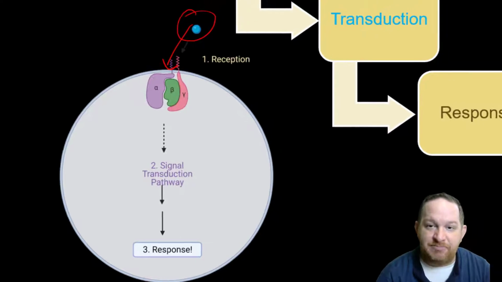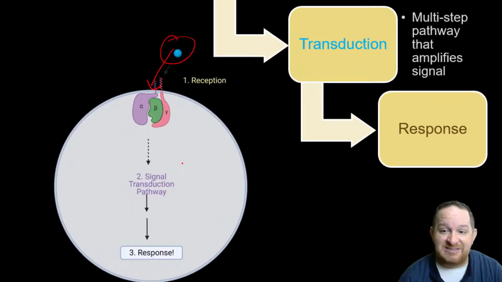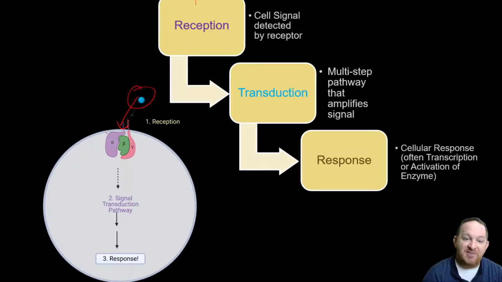That is called the reception. The cell signal is detected by a receptor. Then there is a way of changing that signal, or transducing that signal, to amplify it so that we eventually get some response. So we talked about this generically, and we also gave a few examples in previous videos.